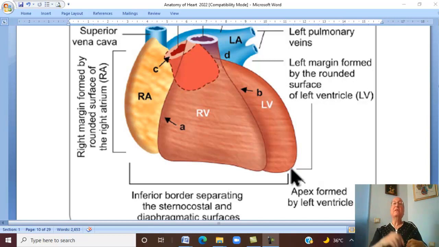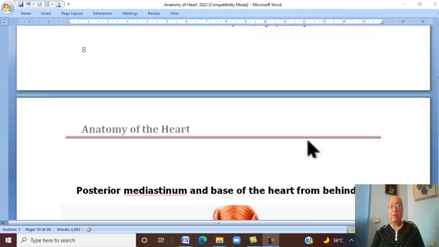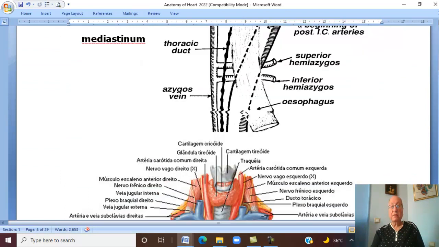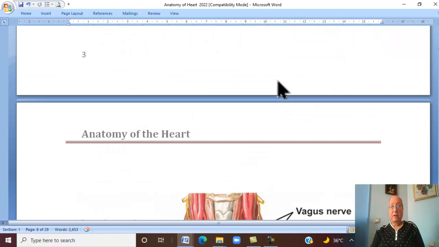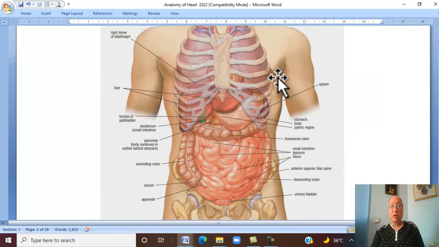About 9 centimeters from the median plane. This is the position of the apex of the heart in the intact thorax here: left fifth intercostal space, just medial to the left mid-clavicular line drawn from the middle of the clavicle, 9 centimeters from the median plane.